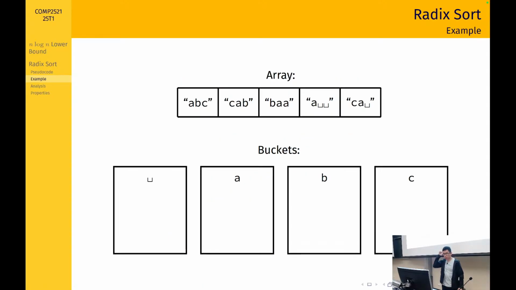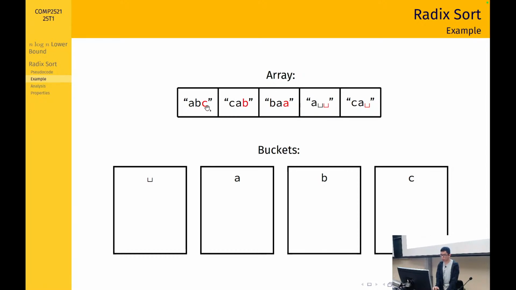Okay, so the way radix sort works is it uses a number of buckets. Okay, so it has 1 bucket for each symbol, and if we're using a padding character like the blank, then we'll also have a bucket for that as well. So we have buckets for each symbol, and when we want to sort by a particular symbol, so in the first step, remember, we want to sort by the last symbol or the last character.